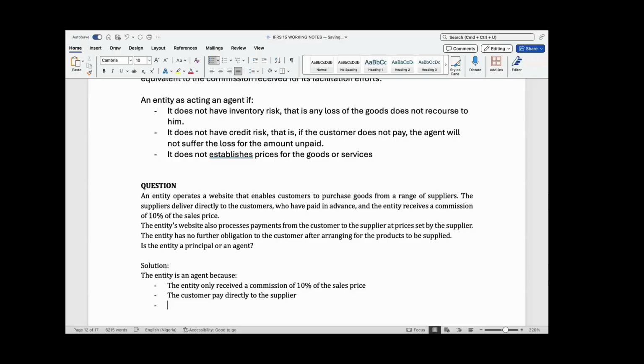Number three, the entity bears no inventory risk. As you can see, it has no further obligation after arranging the product, and the prices are set by the supplier.